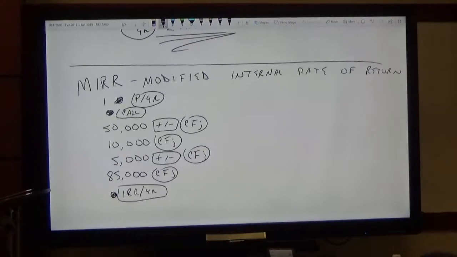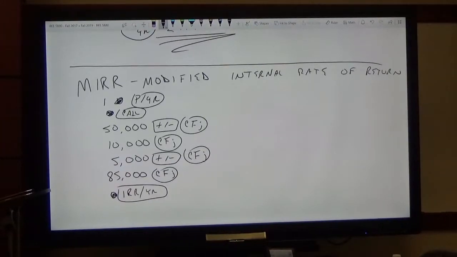I'm just going to double check it myself. Okay, so 23.45%. Everybody matches with that, yes or no? Yeah. Okay.